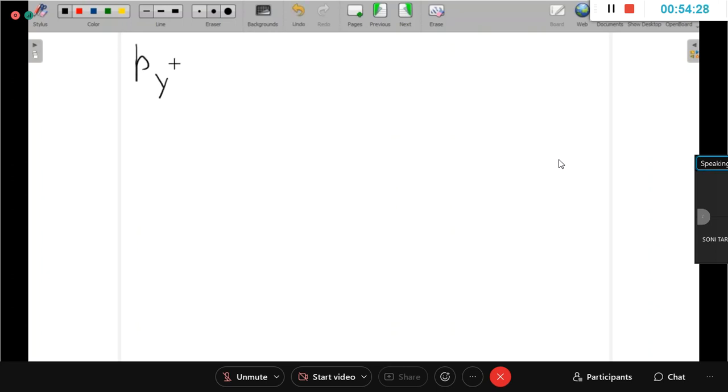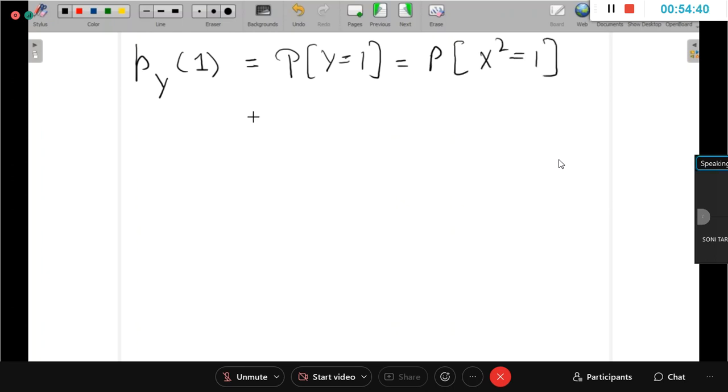Now, if you define the PMF of x square, let's see. So py of 1, by definition, is the probability of y equals 1, which equals the probability of x square equals 1. There are two possibilities, x is minus 1 and 1.